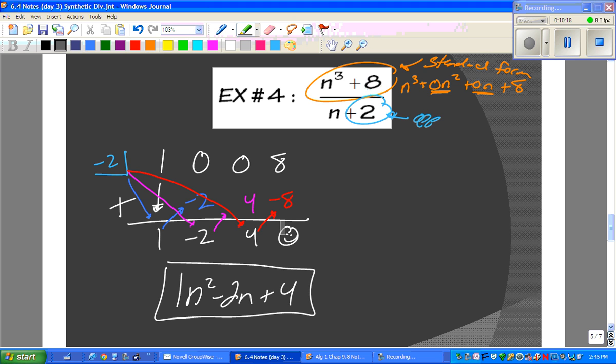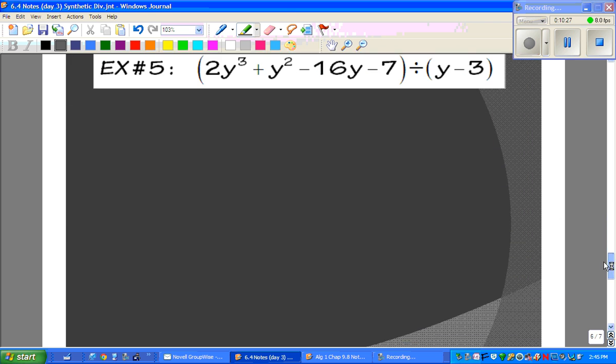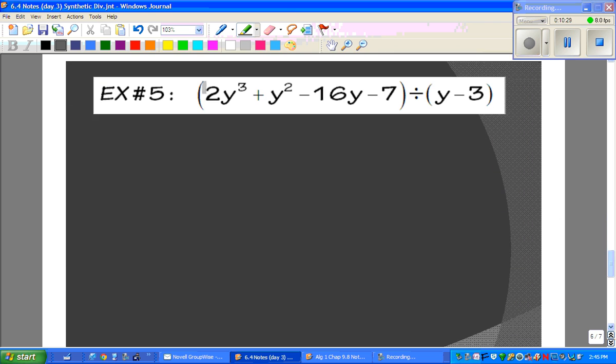And those cancel out, so that's why we don't have a remainder on this one. And then you get n squared minus 2n plus 4. The nice thing is this is already in standard form. You guys are all on your own. Go ahead and pause the video, and good luck.